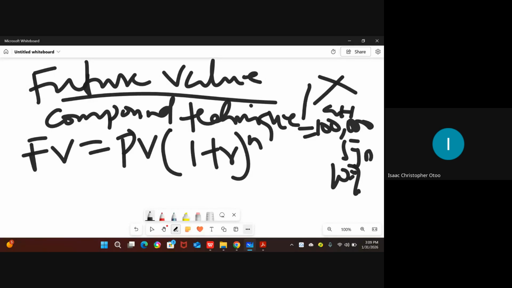That's why we use the future amount as a value. You calculate it. If you are giving the 100,000 today, how much would it be in tomorrow?